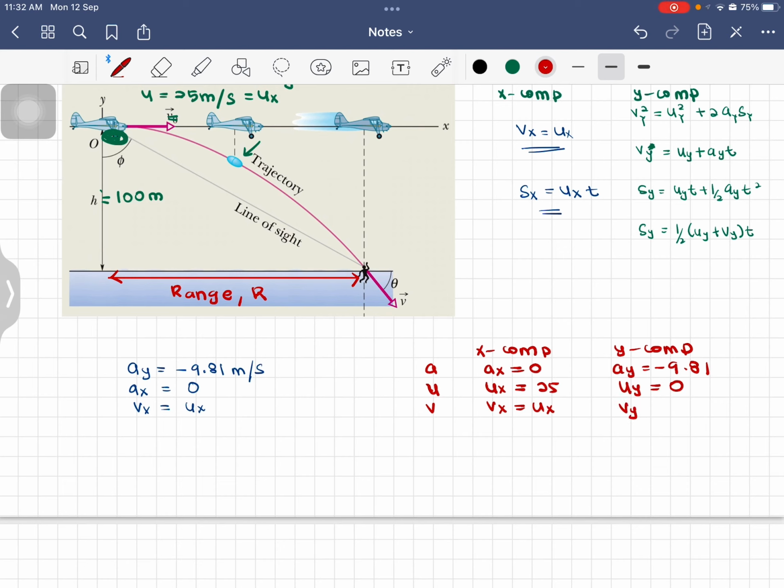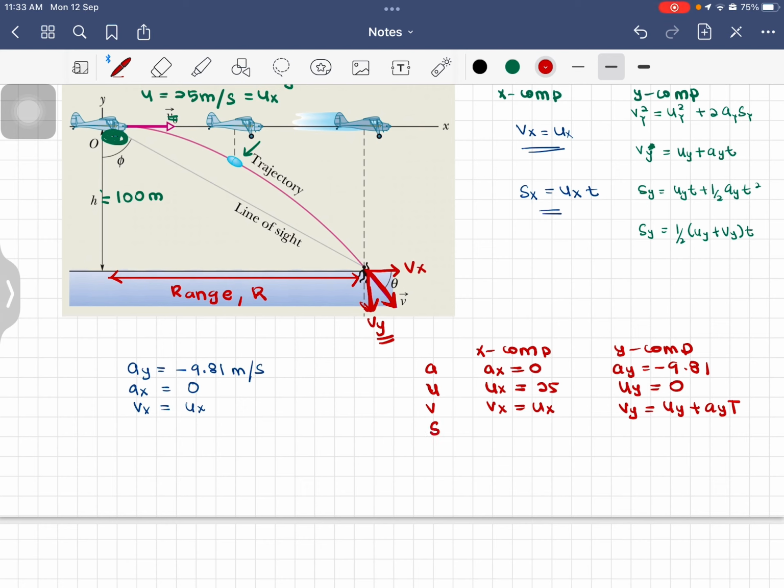Our vy is not 0. For vy we can use an equation to find it. So this is our final velocity, which can be resolved to Vx and Vy. So this Vy is not 0. You see it has an arrow, which means it will have a value.